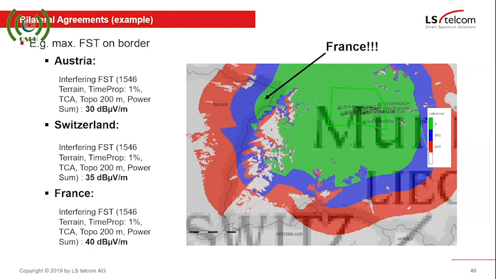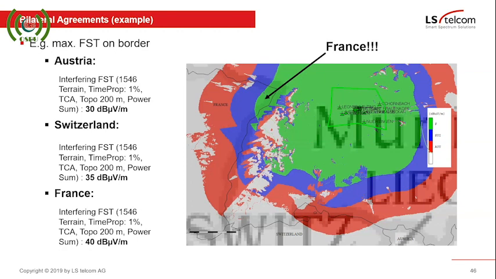Normally, they will look at the existing situation and at the level that's being recorded with the current scenario. Then, if you increase that level by more than 0.2 or 0.5, depending on what's applicable there, you need to coordinate with your neighbor.